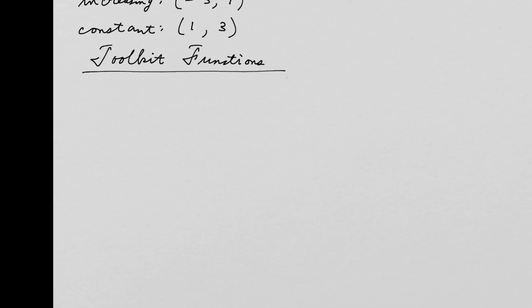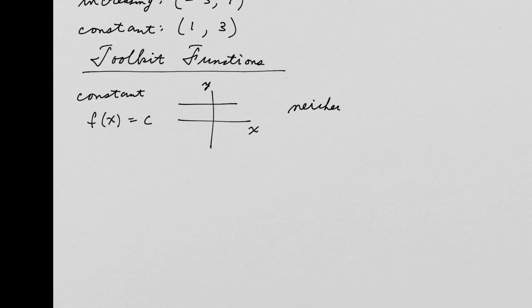All right, so remember the first one was a constant, like f of x equals c. Remember that looked something like that, right? It's a horizontal line. So in this case, it's neither, I'll just do an up arrow for increasing, nor decreasing. So it's neither increasing nor decreasing.